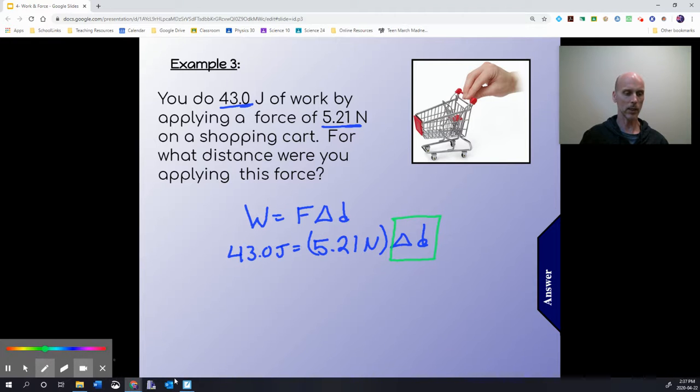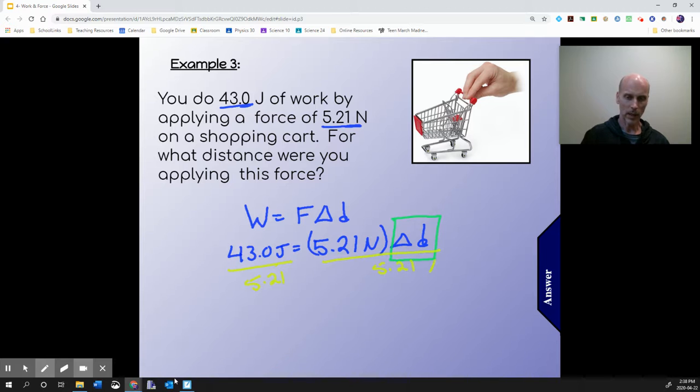So the way that we approach this, I hope you've learned this before, is we do the opposite operation. The delta D is in the numerator, so it's fine just leaving it the way it is. We want to take this 5.21 newtons and move it over here. And the way that we do that is the opposite operation. Because it's 5.21 multiplied by delta D, we are going to move the 5.21 to the other side by dividing by 5.21, and we're going to make sure we do it on both sides.